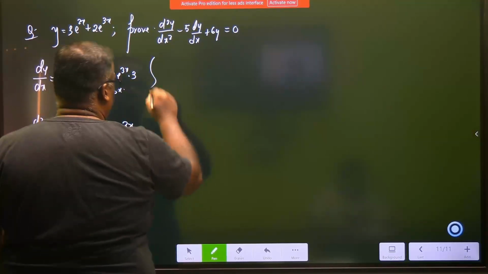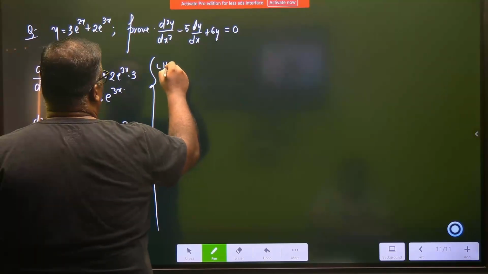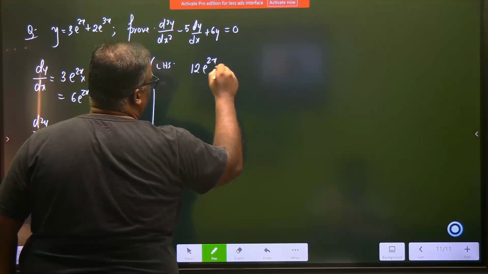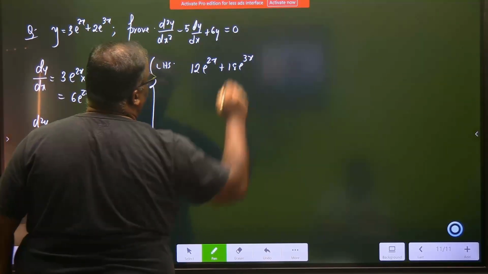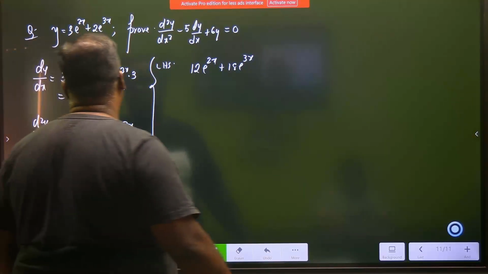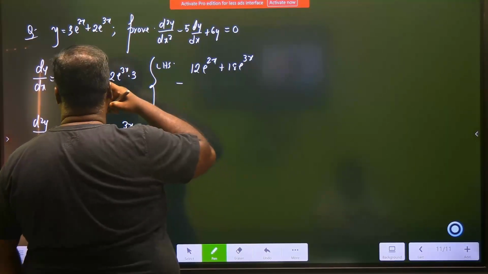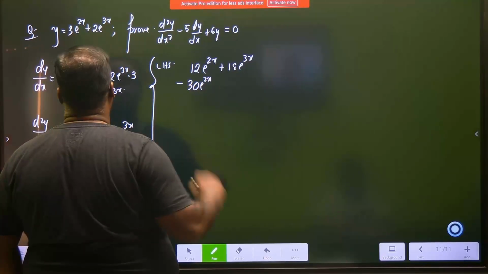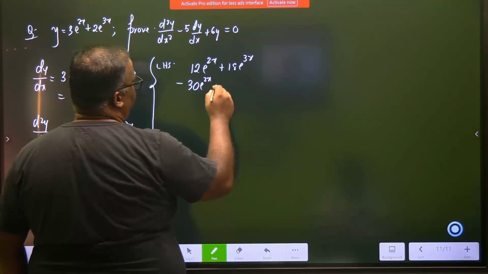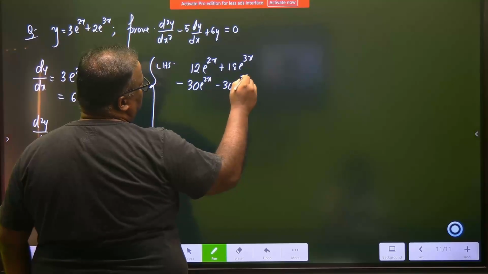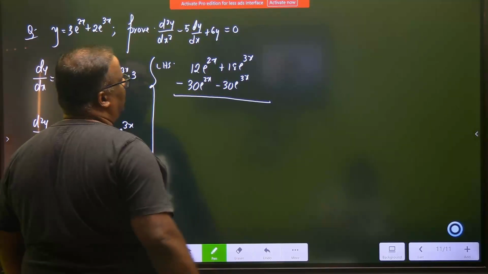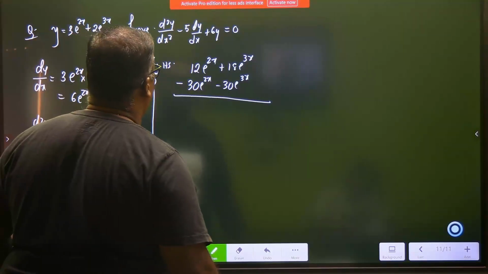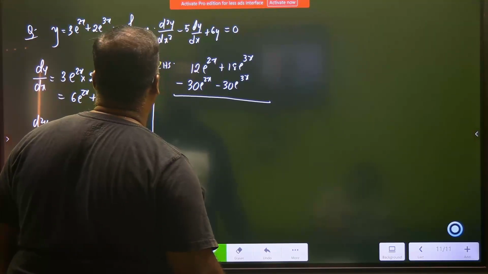Now we need to get to our LHS. So our LHS is 12 e to the power 2x plus 18 e to the power 3x. From here we have to deduct 5 times of this. So 5 times of this means 5 sixes are 30, 30 e to the power 2x and 30 e to the power 3x. Let's just do this portion first and then we will add up. 30 and 12 gives you how much? 18.